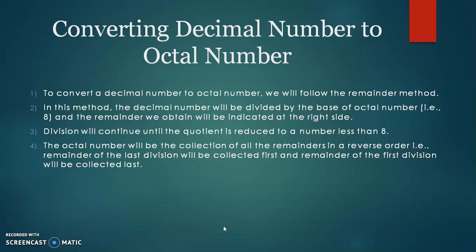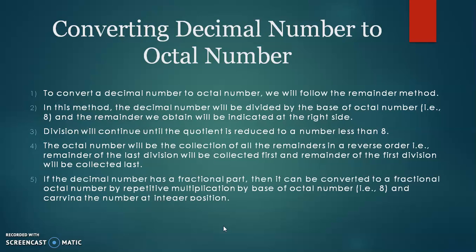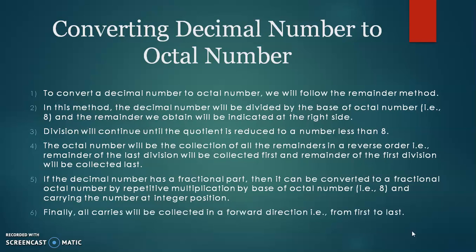Now if the decimal number has a fractional part, then it can be converted to a fractional octal number by repetitive multiplication by the base of the octal number, and we will carry the number at the integer position. Finally, we will collect all the carries in the forward direction, that is from first to last.